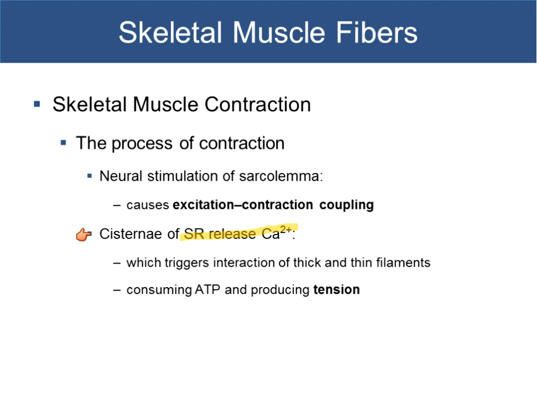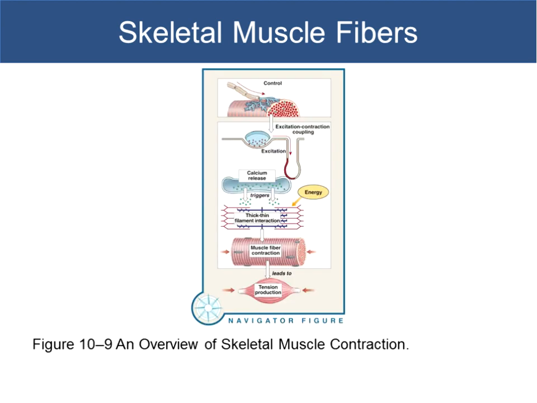When the active site is exposed, the myosin head will be attracted to that active site on the thin filament, and it pulls the thin filament in towards the M line, and that's what constitutes a contraction. ATP is then going to be used at the end of this process to recock the myosin head and for this muscle cell, the muscle fiber, the sarcomere, to be relaxed.